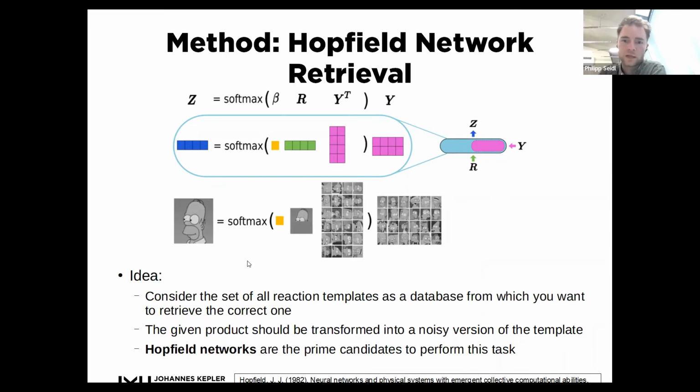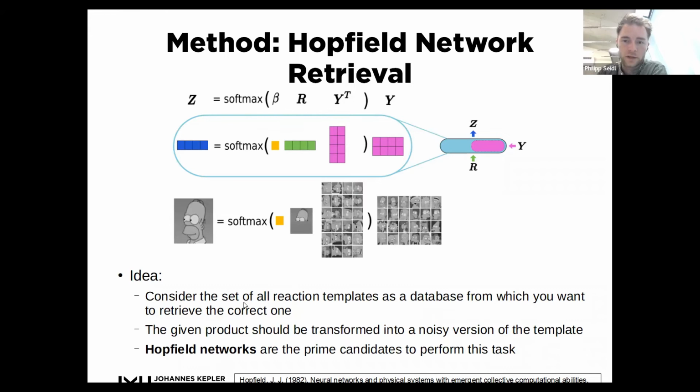So to take this back to our setting, we have reaction templates, and the reaction templates are the database from which we want to retrieve. The state pattern, so this noisy image of Homer here, is actually the molecule that we input and for which we want to know which template to use.